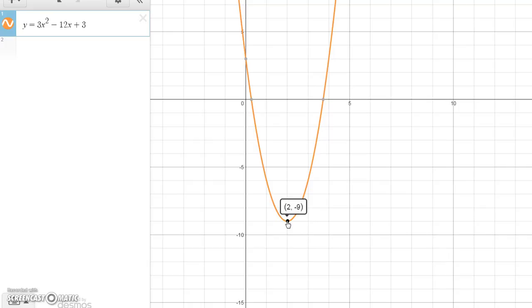So this would be the minimum value if it opens upward, and it would be the maximum value if it opens downward. Now, when I say the minimum or maximum value, I'm talking about this y value. The y value is always the max or min of a function.